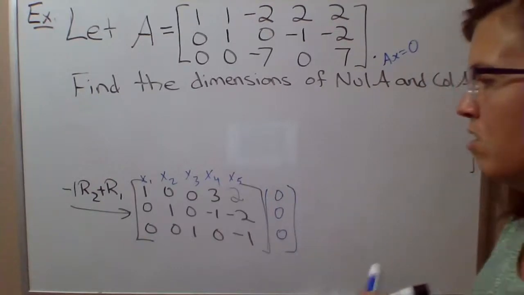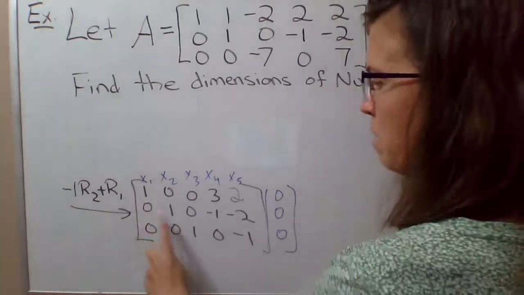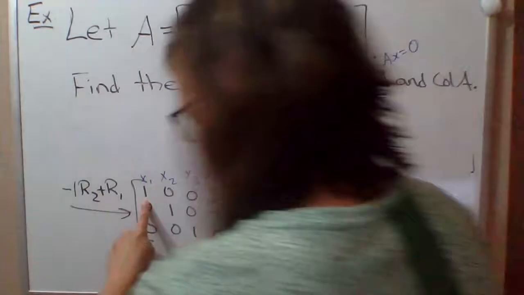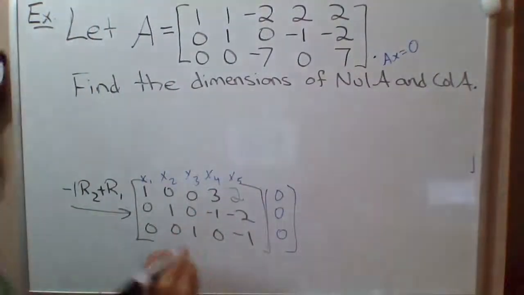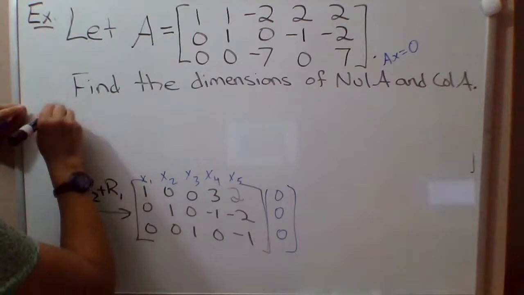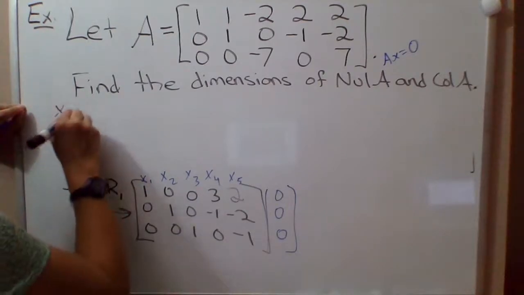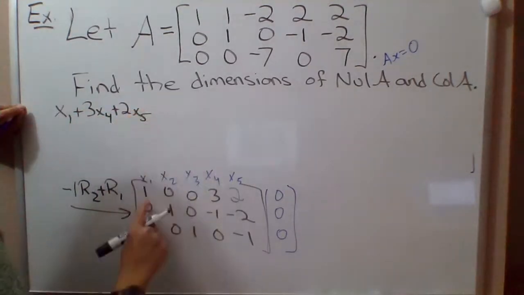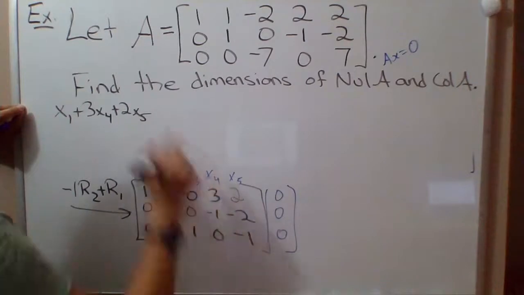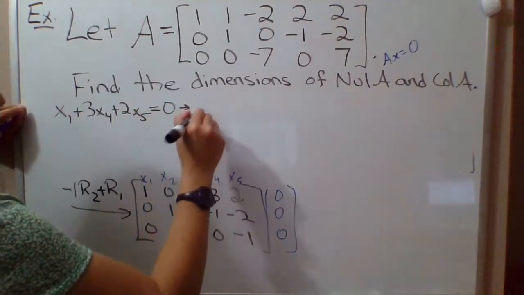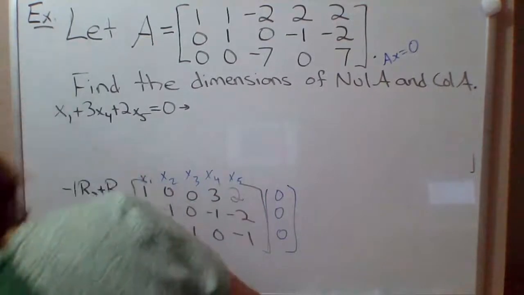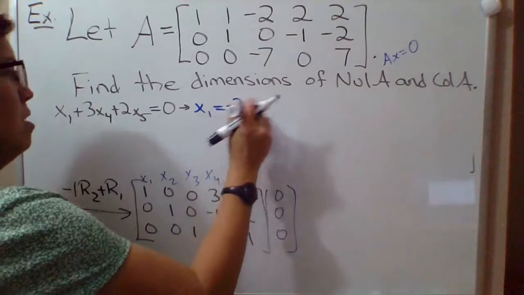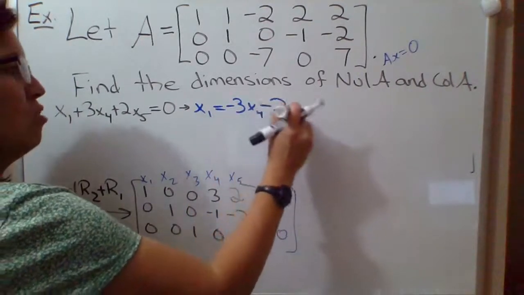If we solved for the basic variables x1, x2, x3, from row 1 we'd have x1 plus 3x4 plus 2x5 equals 0, so x1 is equal to -3x4 minus 2x5.